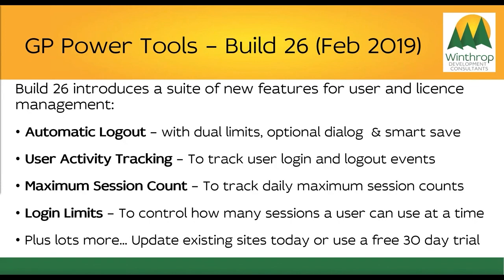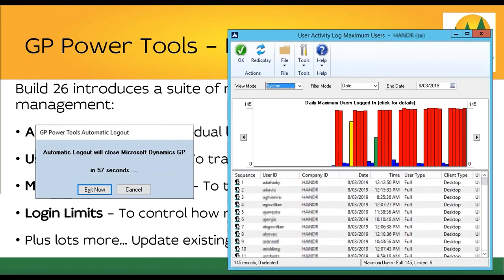Also, user activity tracking. This records stats on the company's users that are logged in, the details of the last few sessions. You also can get maximum session counts. This tracks the daily maximum number of sessions on a system-wide, per user, per company basis, and provides data with a dynamic interactive bar graph.